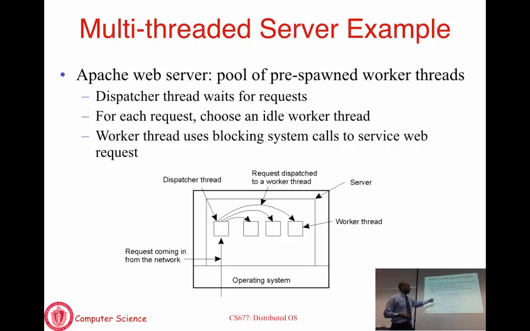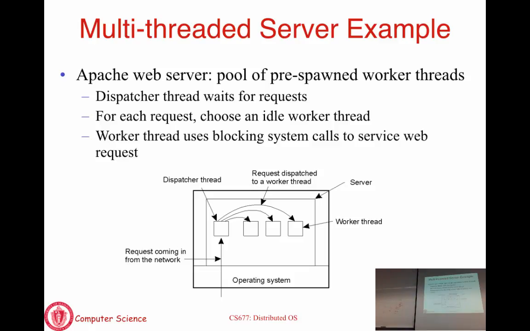You could have a multi-threaded design, which is what is shown here, where you use what is called a thread per request model. In a thread per request model, every time a new request comes in, you spawn a new thread. You say, request came in, create a new thread and go service that request. If more requests come in, more threads get spawned and they all serve the requests concurrently.